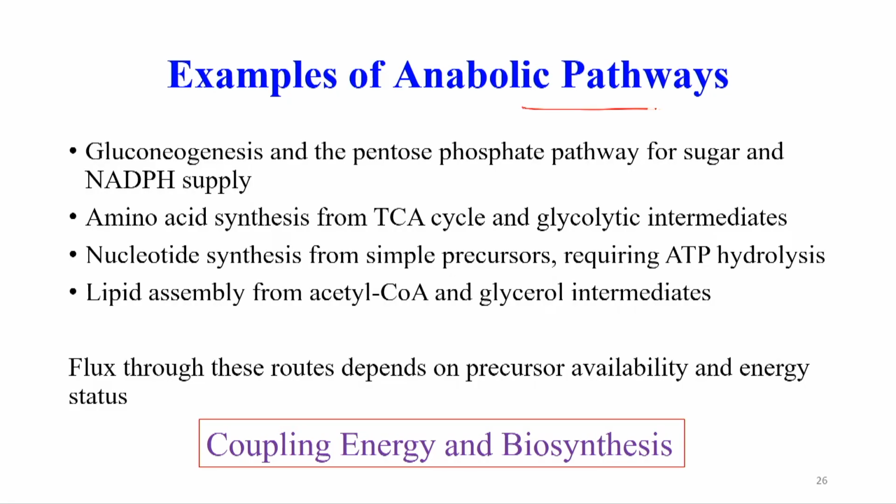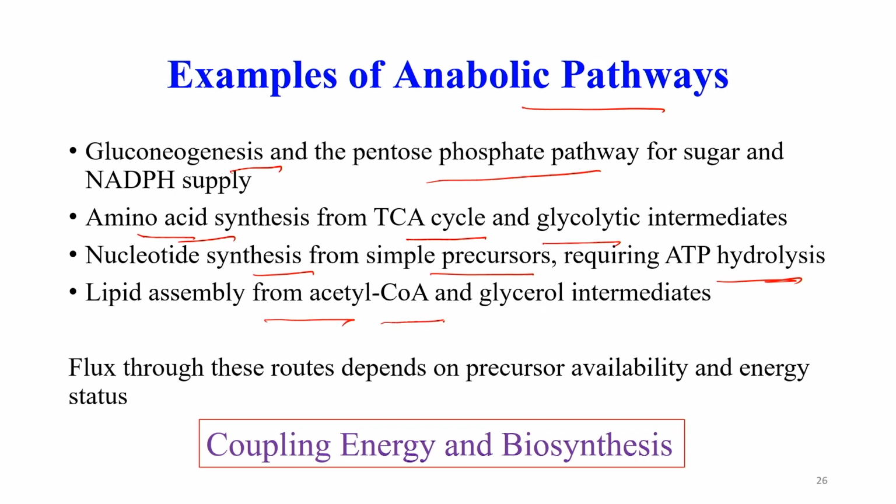Next is the example of anabolic pathways. We have already discussed gluconeogenesis and the pentose phosphate pathway for sugar and NADPH supply, synthesis of amino acids from the TCA cycle and glycolytic intermediates, and nucleotide synthesis from simple precursors, which requires ATP hydrolysis for the energy supply, and lipid assembly from acetyl CoA and glycerol intermediates.